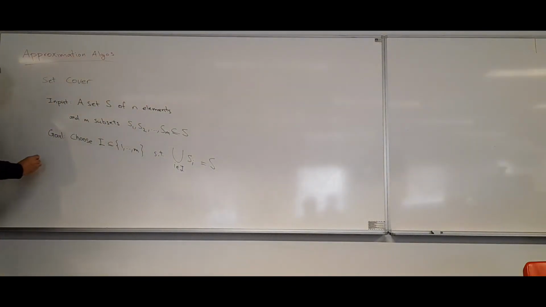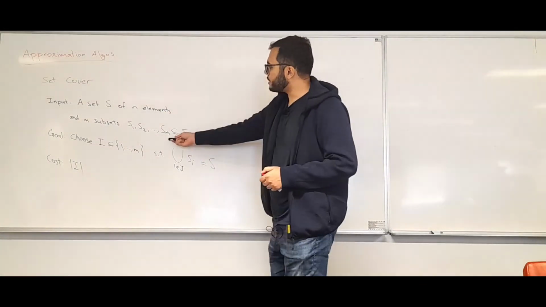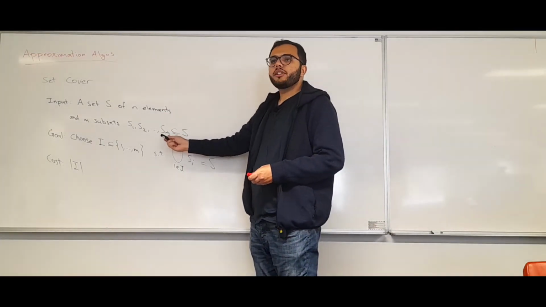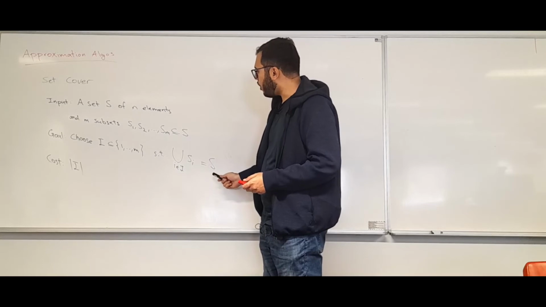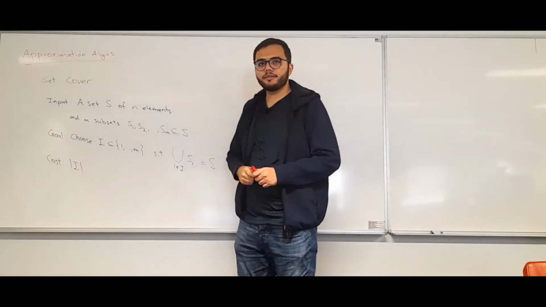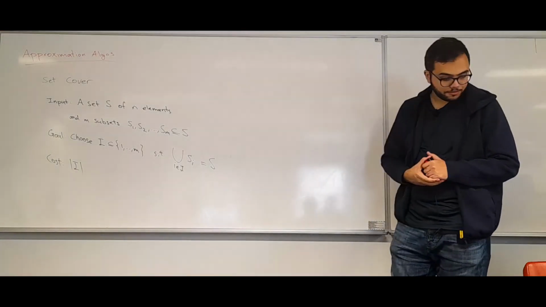Now, what is my cost? My cost is just the size of I, and I want to minimize it. So I want to take as few subsets as possible from the subsets that are given to me in the input, so that I cover all of the elements in my main set S. Okay, this is called the set cover problem.